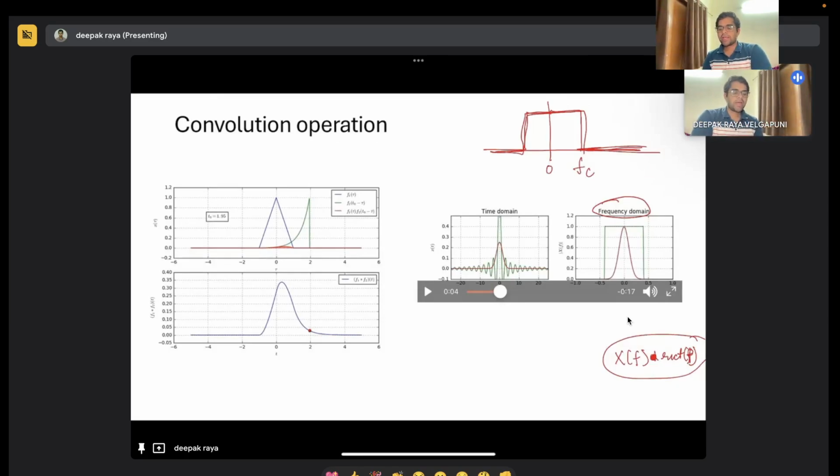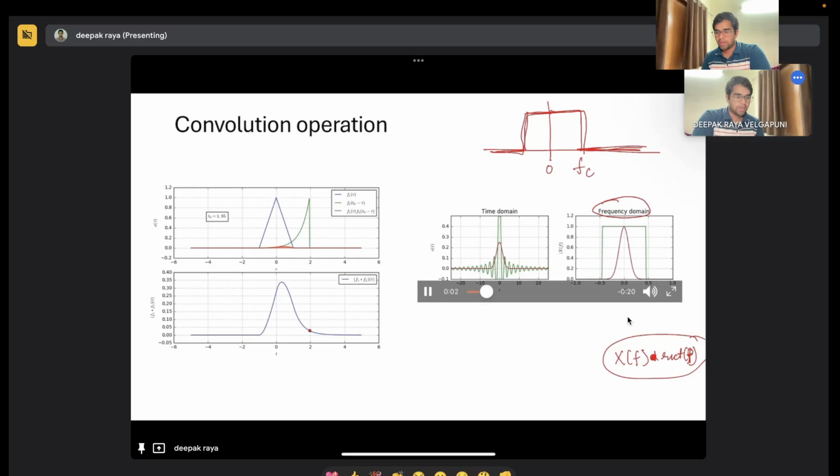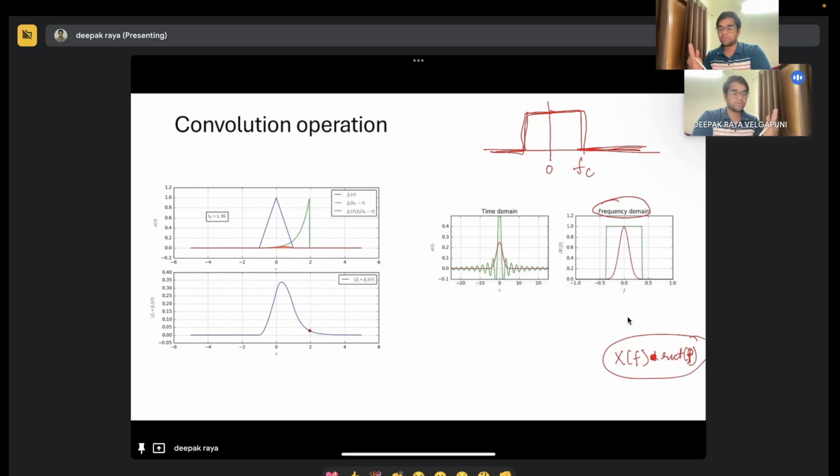As long as it passes the whole Gaussian, there is no change in the red signal. There will be slight changes in the ends, but they are usually ignored. But as you decrease it, and if the cutoff frequency goes below the bandwidth of the Gaussian signal, you can see that there is a blue curve that appears here.